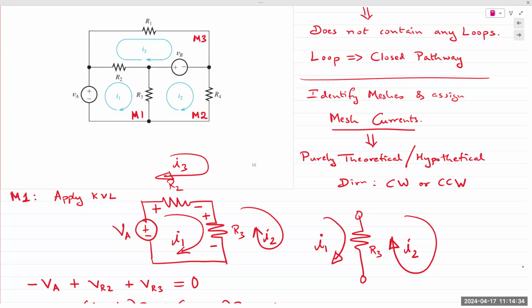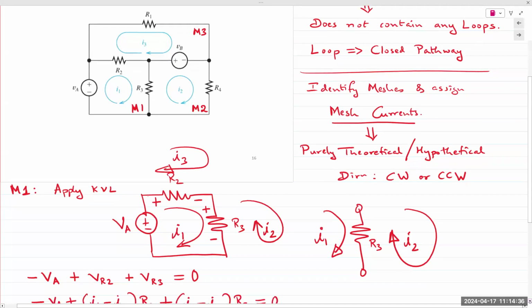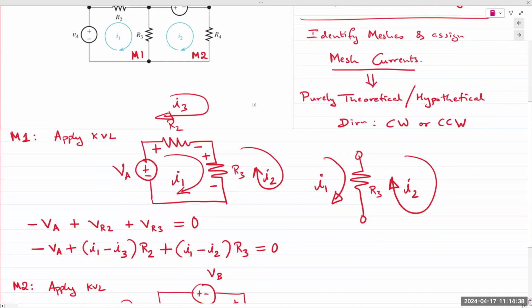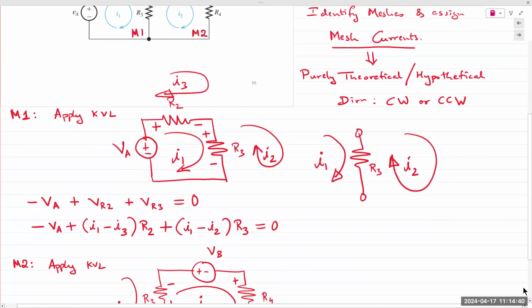Then you apply Ohm's law. When you apply Ohm's law, you can express each resistor voltage in terms of the mesh currents. So you have plus I1 times R2 plus I1 times R3. But we also have to account for the mesh currents shared between a branch. For R2 it is I3, and so it becomes I1 minus I3 for R2.